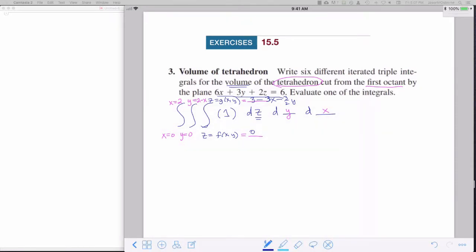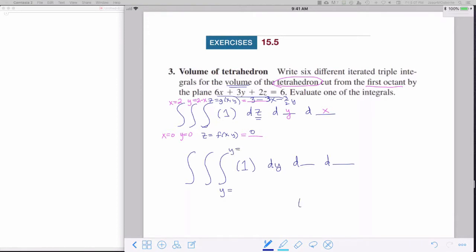You can try another ordering for the volume integral of 1. Let's say you want to choose dy, d something, d something. The trick here is to do like you did before, and solve for y.